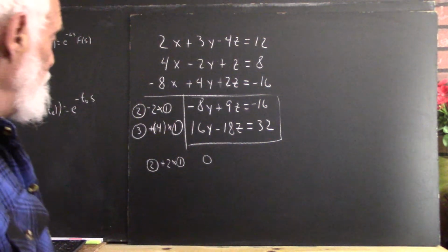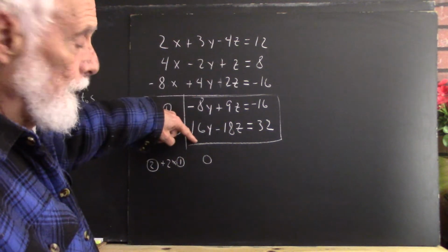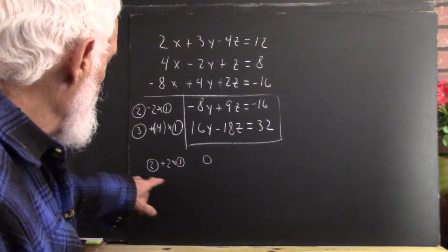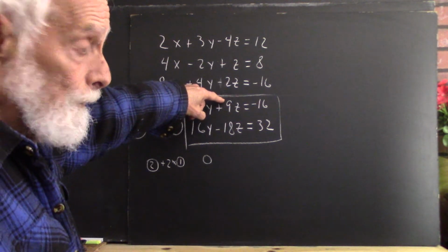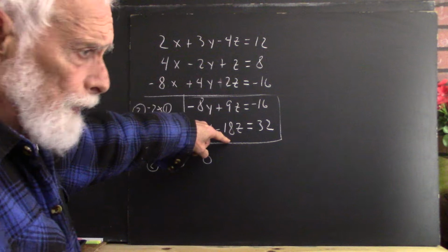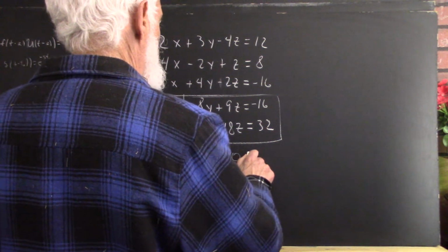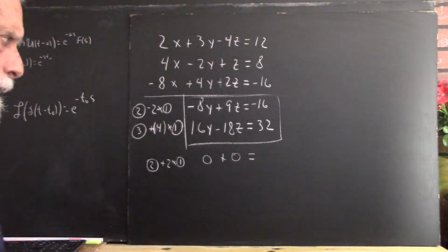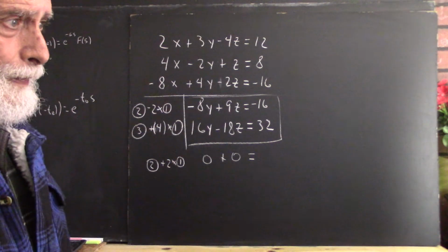Okay? Because 2 times negative 8 is 16, and 16 gives us 0. And then 2 times 9z is 18z. But here we have negative 18z. So I get 0 plus 0. I don't have any y's or z's left.